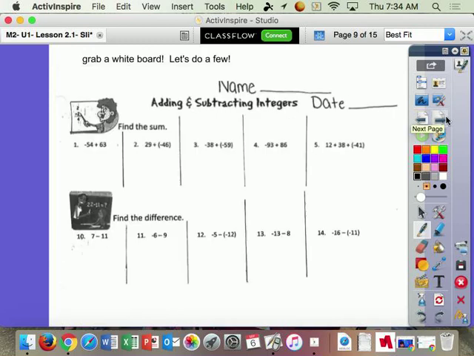All right? So looking at the back page, if you were to draw 54 red and you were to draw 63 green, that's a lot of circles, which is fine. You can totally do that. But is there another way that you could do this?